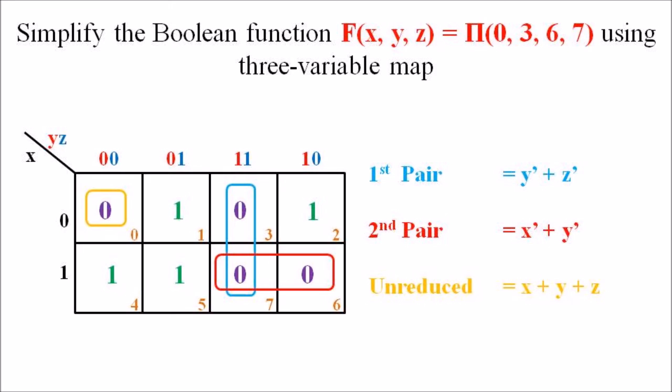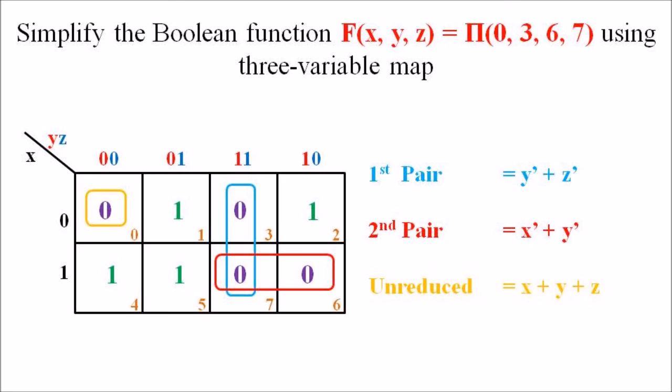Considering the unpaired or unreduced cell, that is the cell 0, M0, the value of x is 0, the value of y is 0 and the value of z is 0 in that particular cell. Thus, we should take those values as they are, and the representation of that maxterm is x plus y plus z.